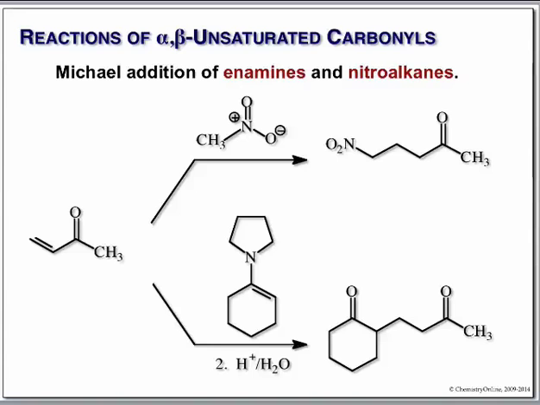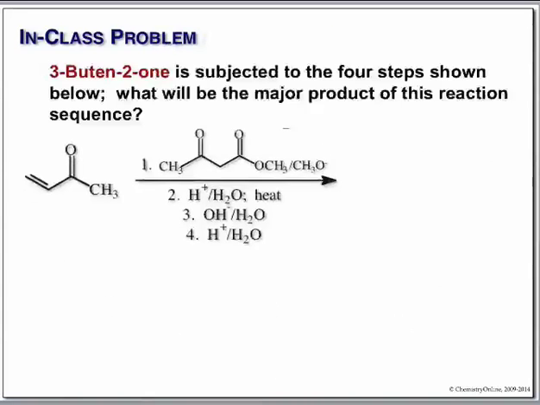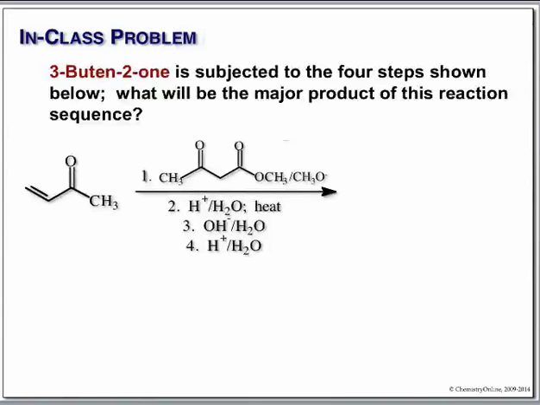All right, well, let's do one of these addition reactions that's multi-step and bizarre, involving a Michael addition of methyl acetoacetate. Here I'm going to do 4 separate steps. Number 1, do our addition. Now we know what's going to happen. The anion is going to attack beta.